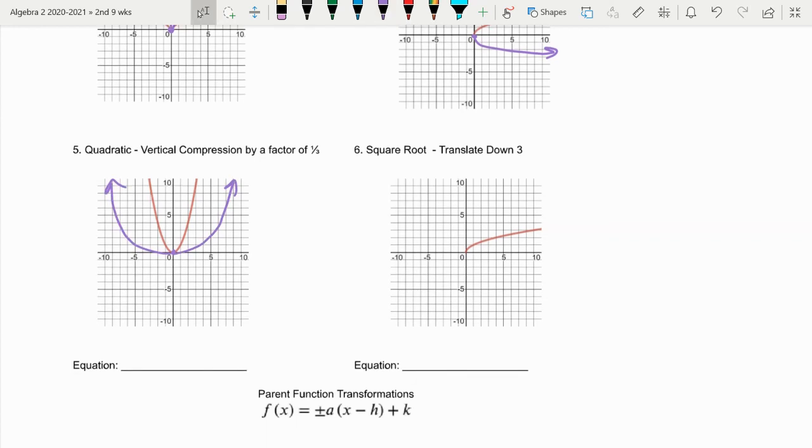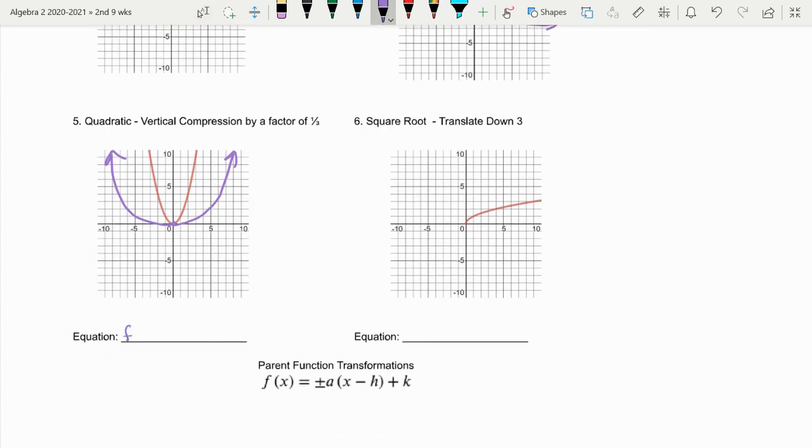All right, and since it's quadratic, using my transformation function down here, f of x equals, it's a compression, so it's going to be 1/3. It wasn't reflected. x squared.